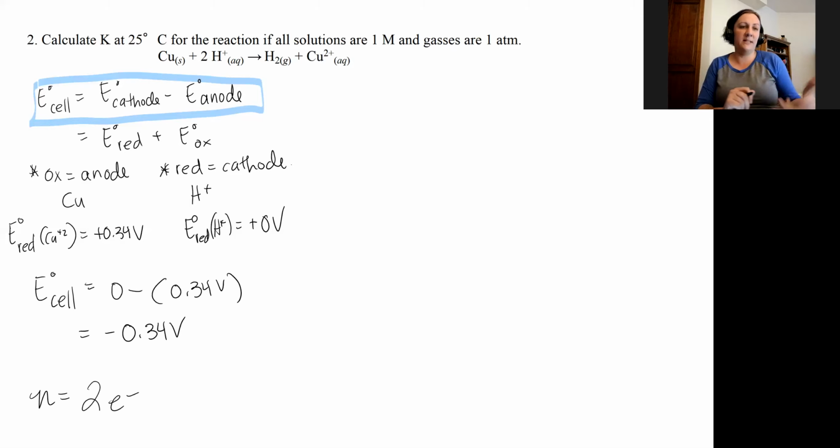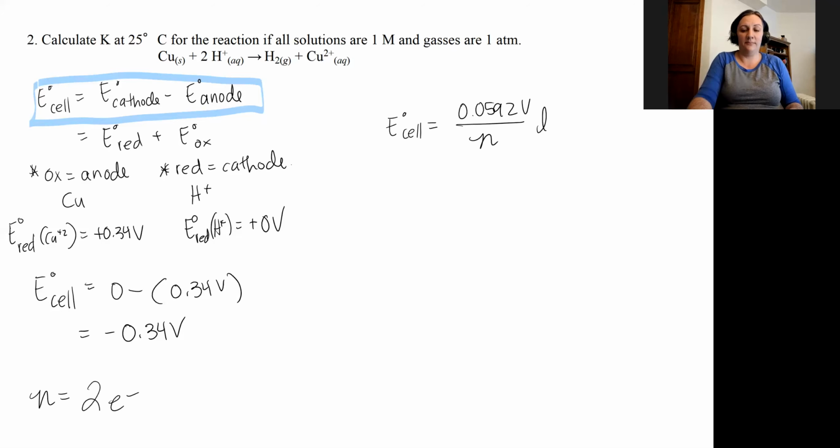All right, now with these pieces of information, I'm going to use the equation that the standard cell potential is equal to 0.0592 volts divided by the number of moles of electrons in the balanced equation, times log of K. So I am going to calculate K for the reaction from my cell potential.